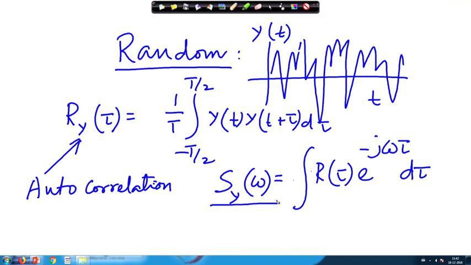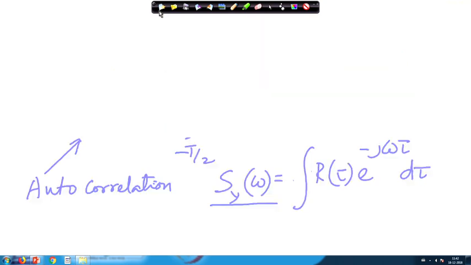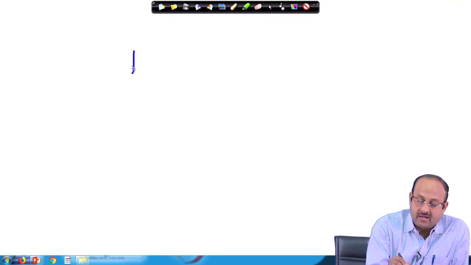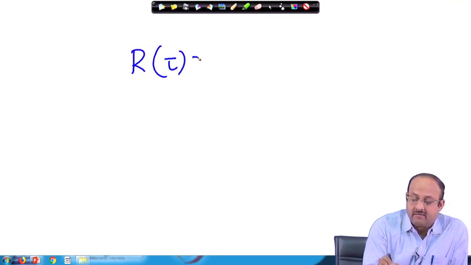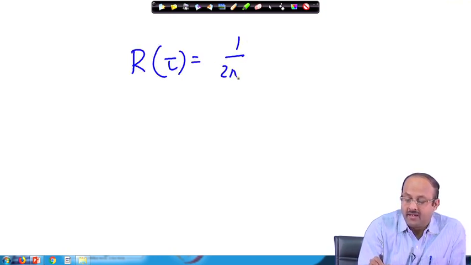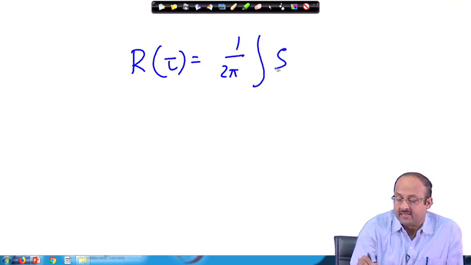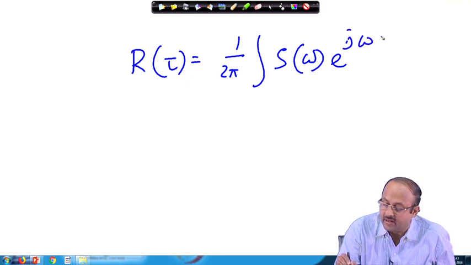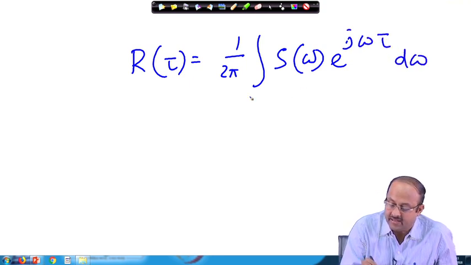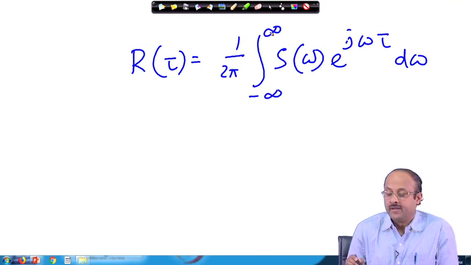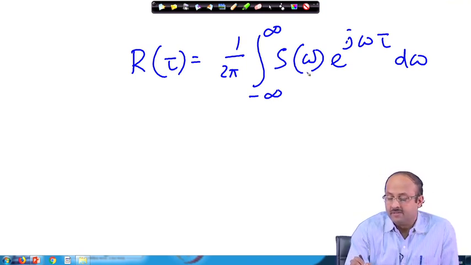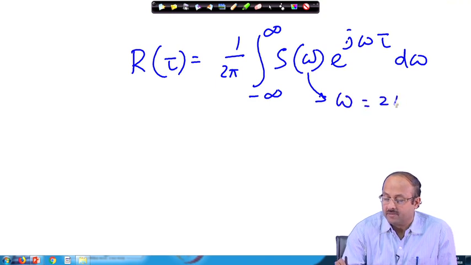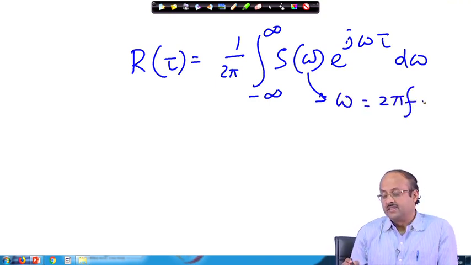So, for the power spectral density, if we take the inverse Fourier transformation, then r(tau) is equal to 1 by 2 pi times the integral of S(omega) e to the power j omega tau d omega from minus infinity to infinity. Now, sometimes instead of omega, which is the circular frequency, we write in terms of the frequency in hertz.